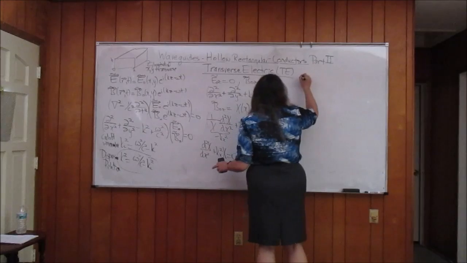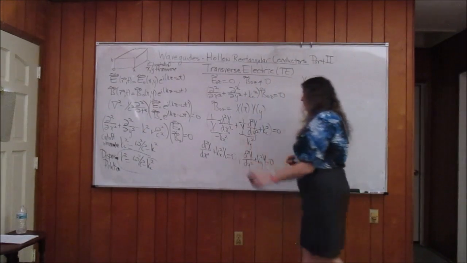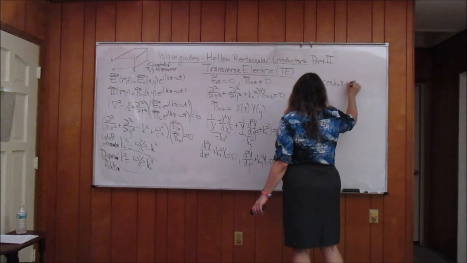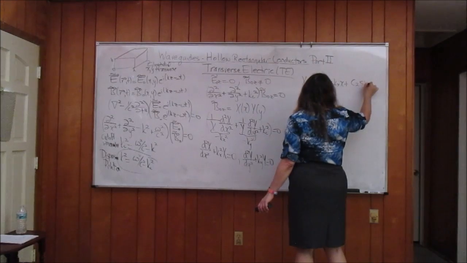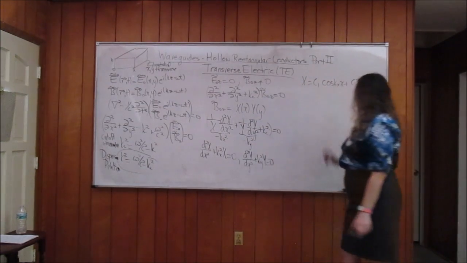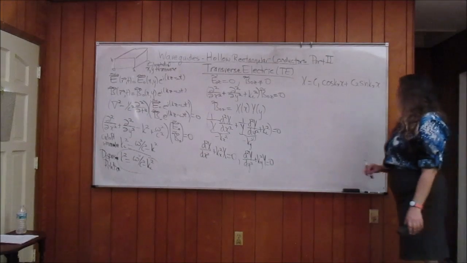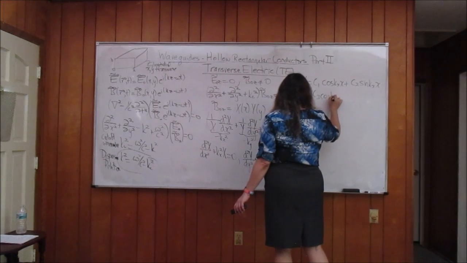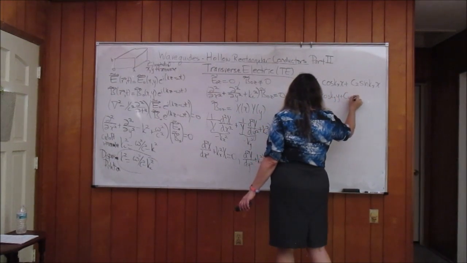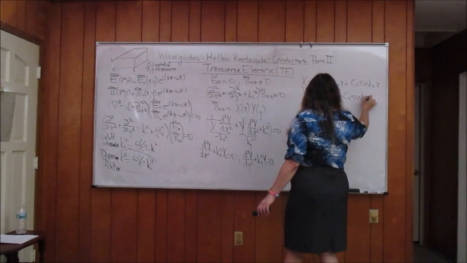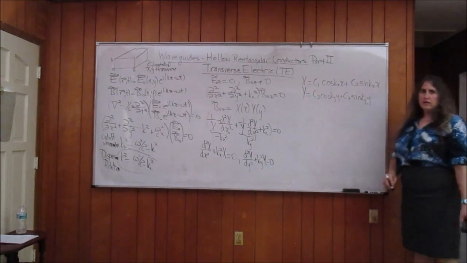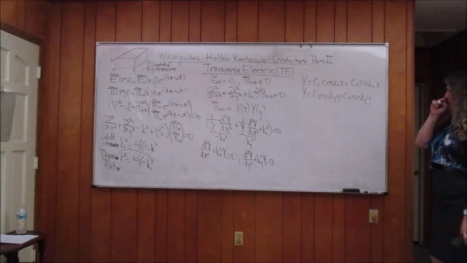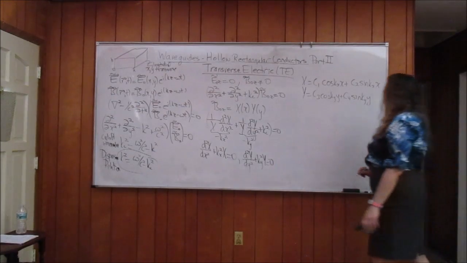So therefore, x is equal to some constant c1 cosine kx x plus c2 sine kx x, and function y is equal to c3 cosine ky y plus c4 sine ky y. I can't go any further until I impose the boundary conditions.